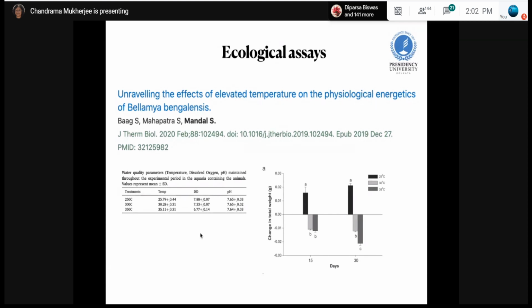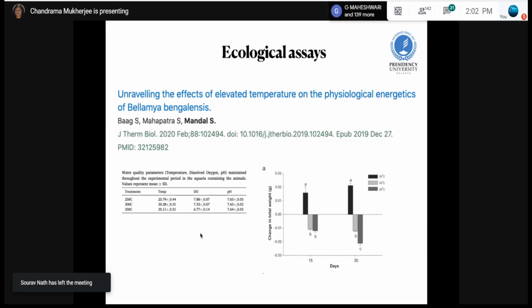His group has already published a paper showing how the increase in temperature changes the physiological energetics of this mollusc. They used the different assays usually used in any standard ecological lab to determine the physiological response to the environment.